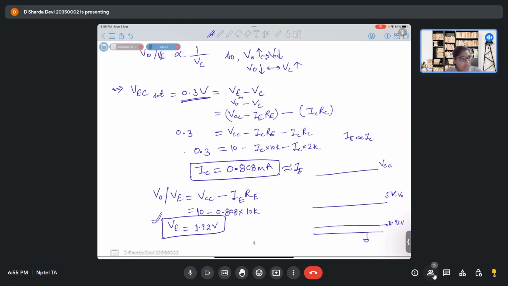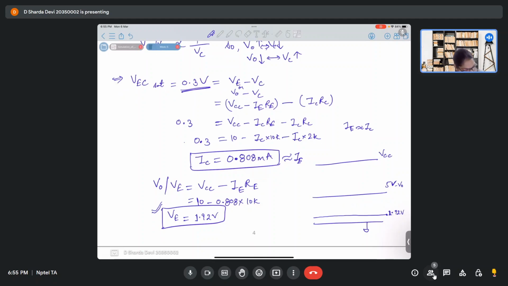But here also there needs to be a VEC sat which needs to be maintained, right? So if I say my VC was at 1 volt and here it is 1.92, this is VC, this is VE.